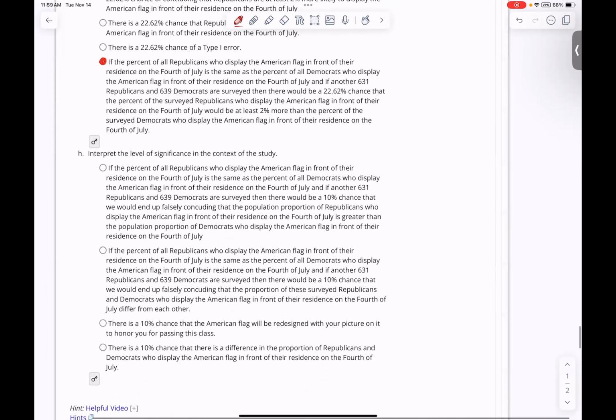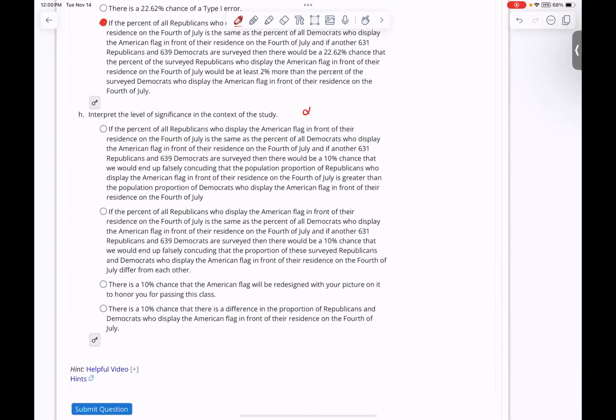All right, interpret the level of significance. Alpha was 0.1 or 10%. And again, this is the probability that you reject the null when it's true. So you're accepting the conclusion that there are more Republicans than Democrats displaying the flag when that's actually not the case. So we're going to look at these.